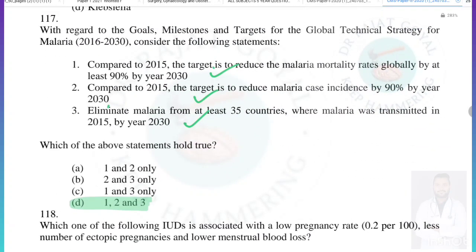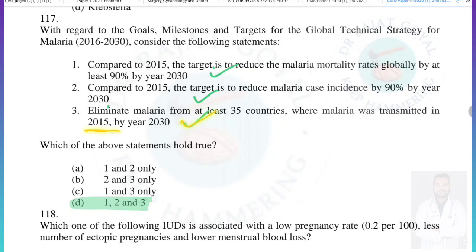With regard to the goals, milestones, targets for the Global Technical Strategy for malaria, consider the following. Compared to 2015, the target is to reduce the malaria mortality rate globally by at least 90% by year 2030. This is true. Compared to 2015, the target is to reduce malaria case incidence by 90% by the year 2030. This is also true. Eliminate malaria from at least 35 countries where malaria was transmitted in 2015.